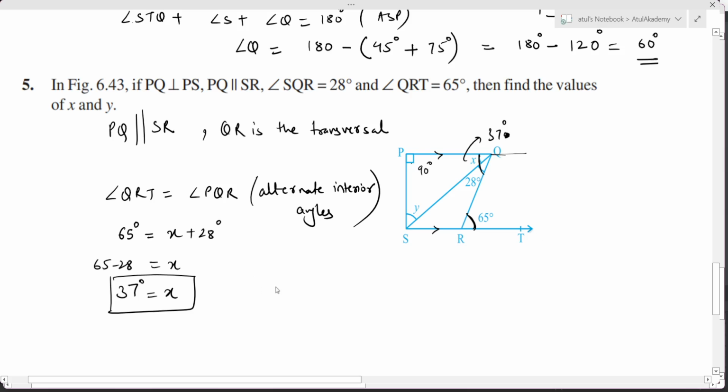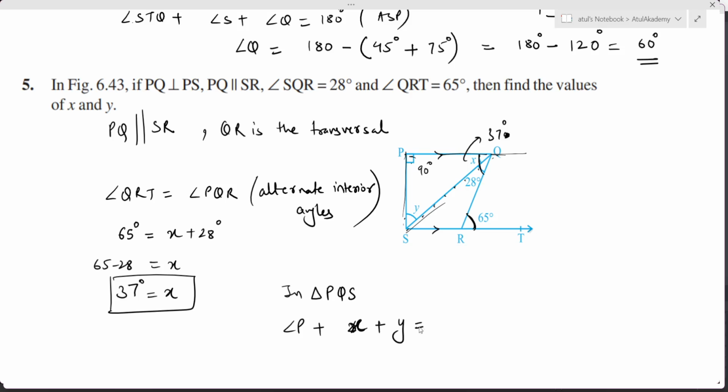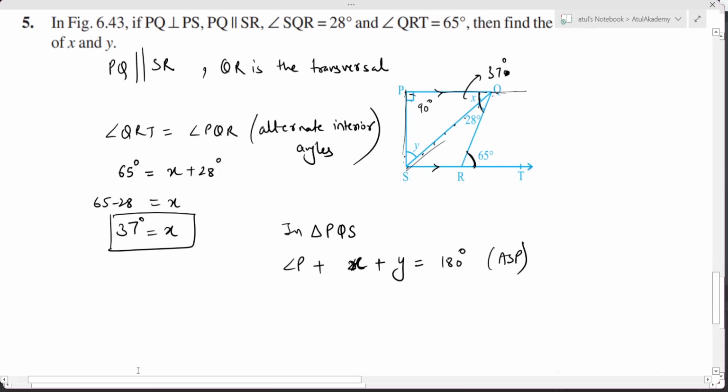I think I have to find only y now. I have a triangle over here. What is the triangle's name? The triangle is PQS. If you talk about this triangle PQS, I have angle P plus angle x, plus angle y. They all sum to 180 degrees because they are the three angles of a triangle. So what will be my y now? 180 degrees minus 90 minus 37 degrees.